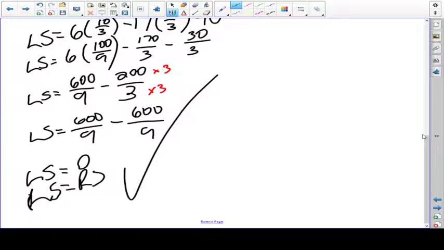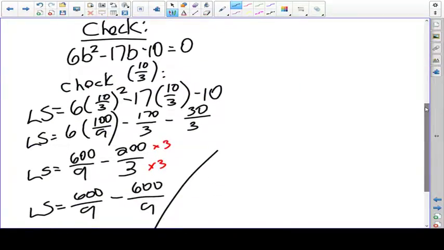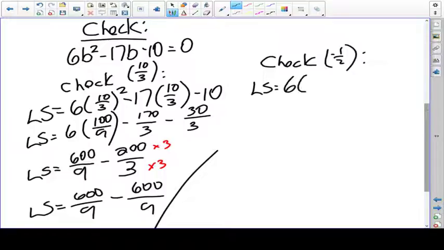Now what we're going to do is we're going to substitute in minus 1/2. I think minus 1/2 was our other solution. It was. So check minus 1/2. So left side, same thing. 6 times minus 1/2 squared minus 17 times minus 1/2, then minus 10.